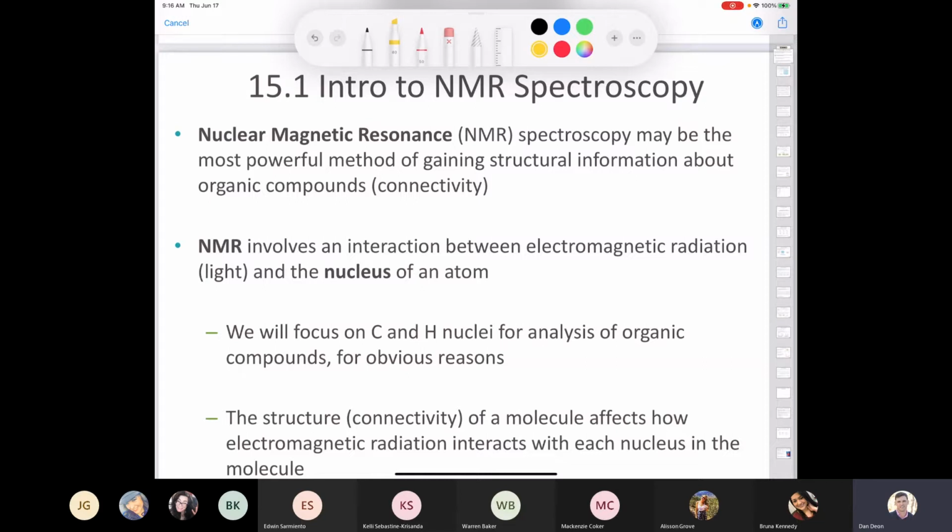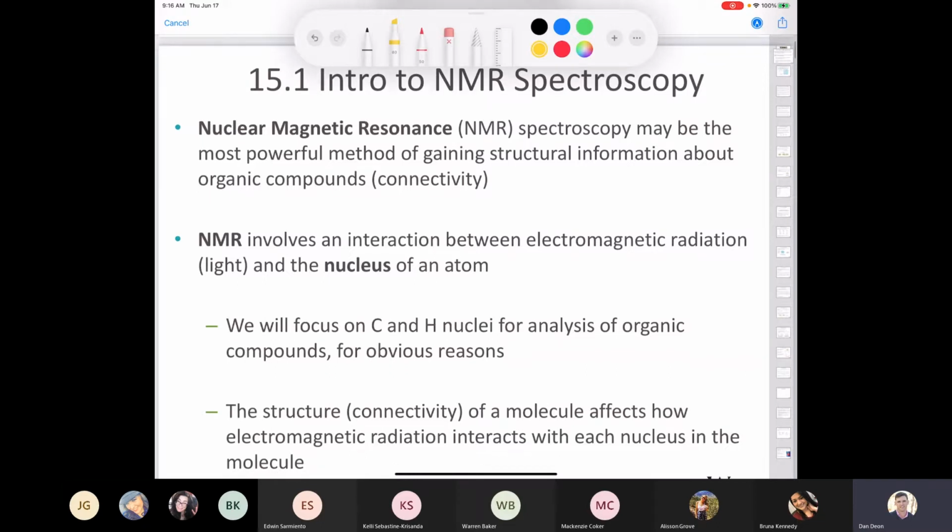If you were to take an organic chemist from 2021 and put them back in history without NMR, it would be pretty tough for that chemist to survive, right? We've become so dependent on this technique because it is so powerful. And the difference between NMR spectroscopy and infrared spectroscopy is that spectroscopy is the interaction between electromagnetic radiation and matter.